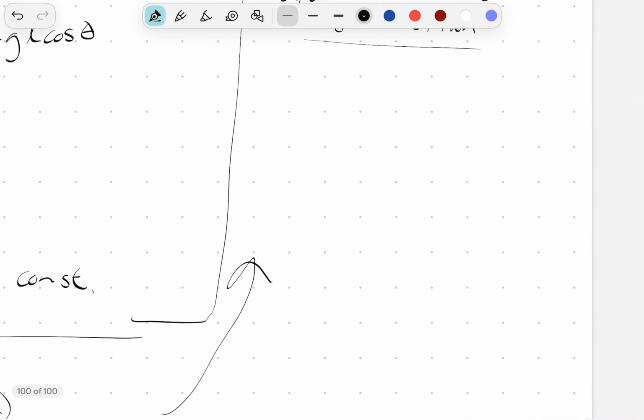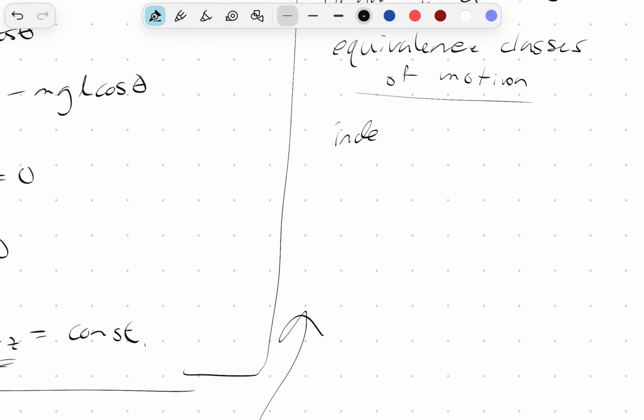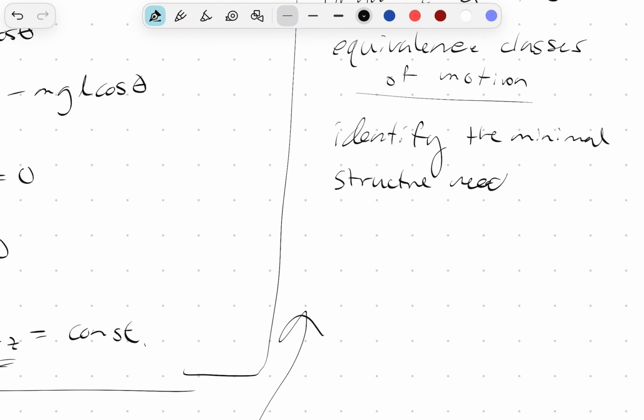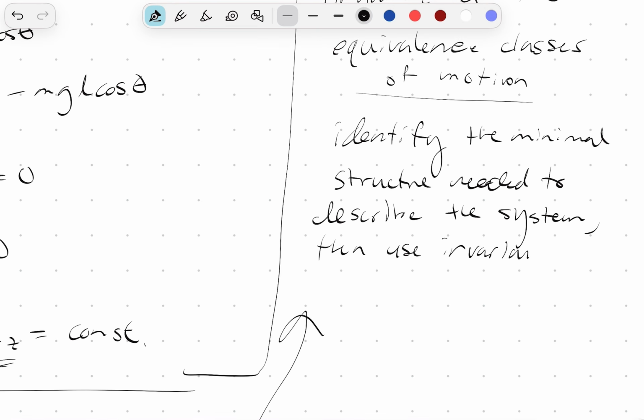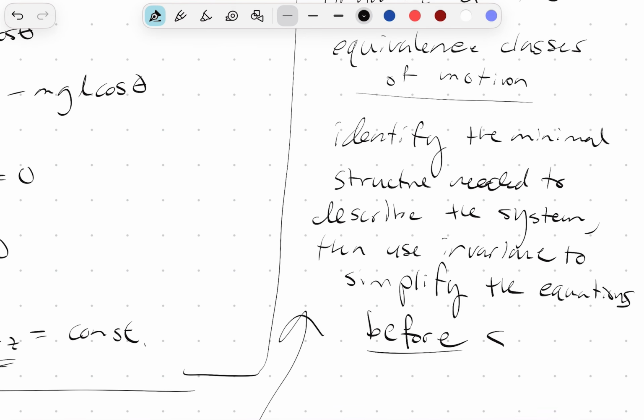It's the job of the mathematical physicist to identify the minimal structure needed to describe the system, then use invariance to simplify the equations before solving them.